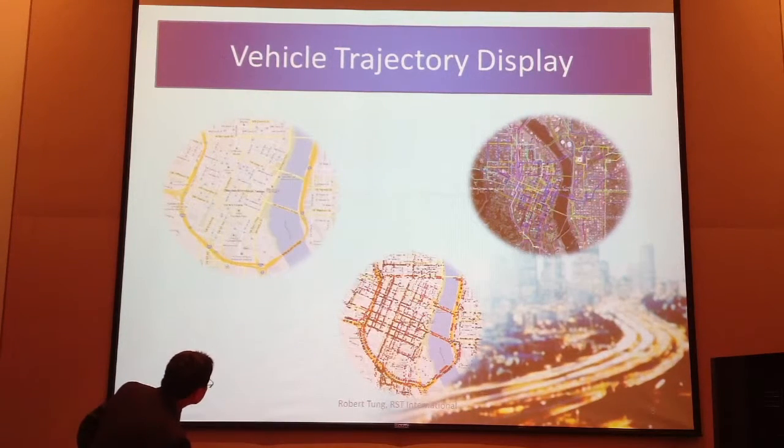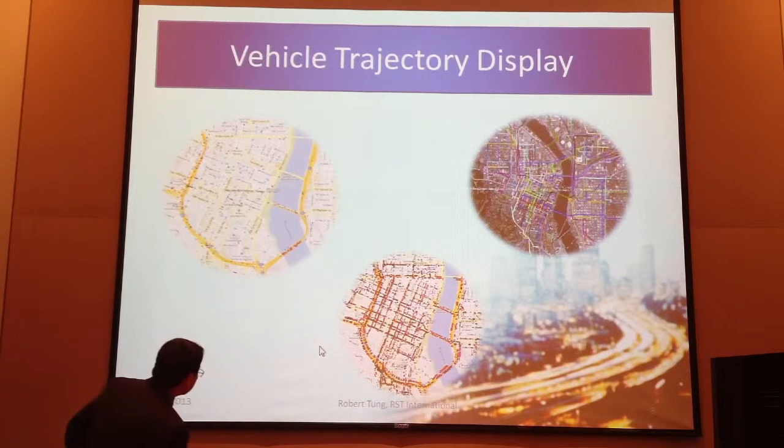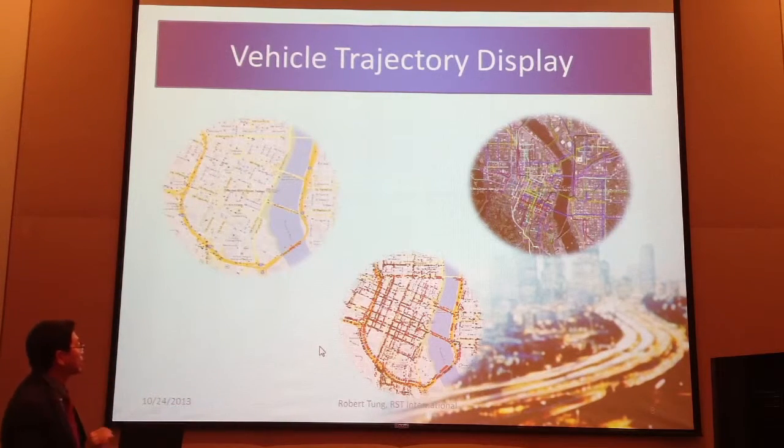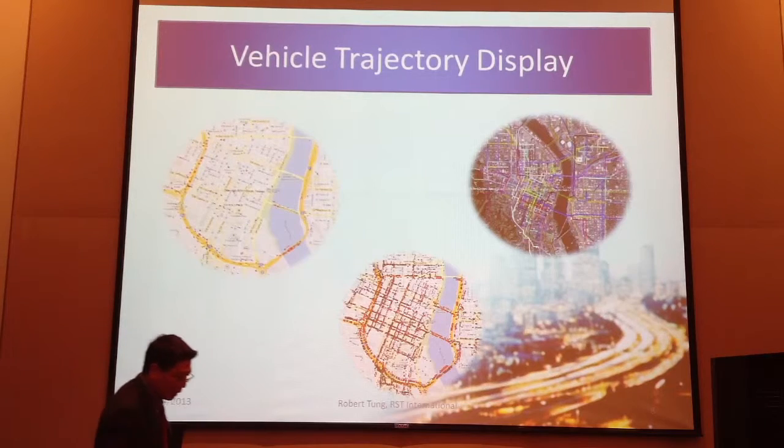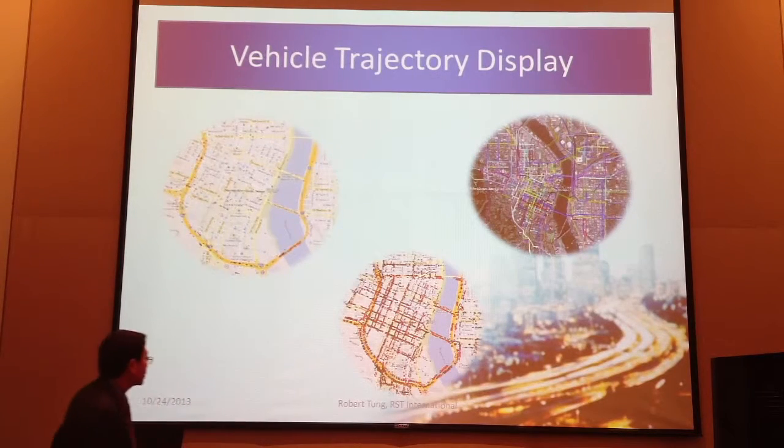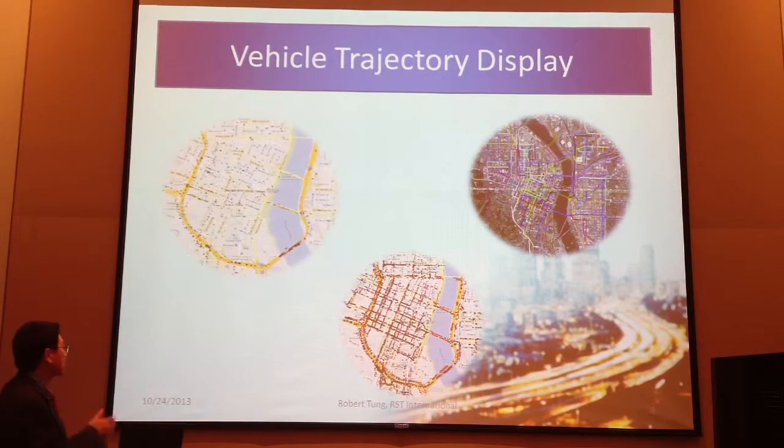Now, if you freeze those snapshots, you get this kind of pattern, and you can identify those dark spots. Those are pretty much the congestion areas you want to focus on later, to see why they slow down and what causes the slowdown.